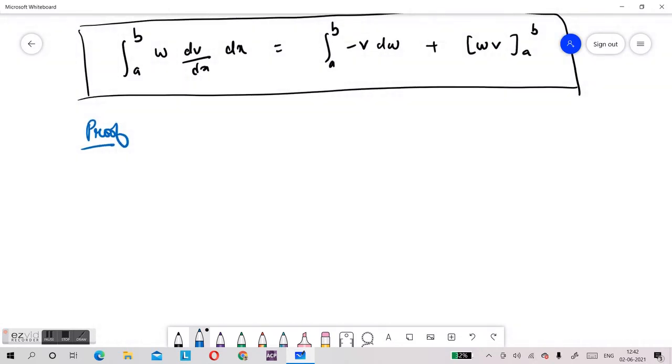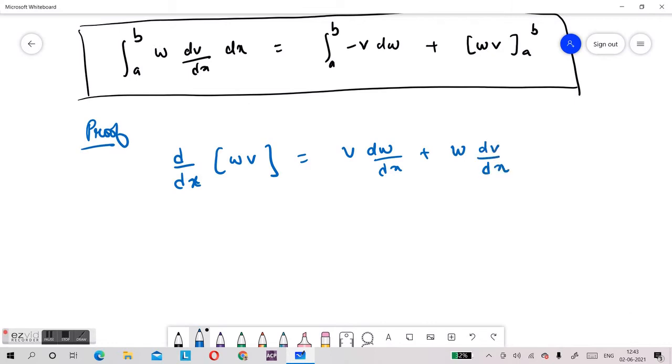We know that if we differentiate the product of two functions, w and v, we differentiate it by parts: the first function times the differentiation of the second function, then the second function times the differentiation of the first function.